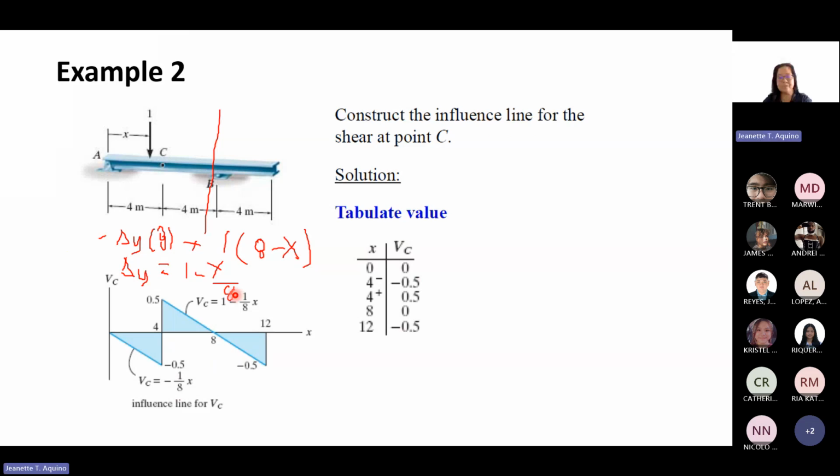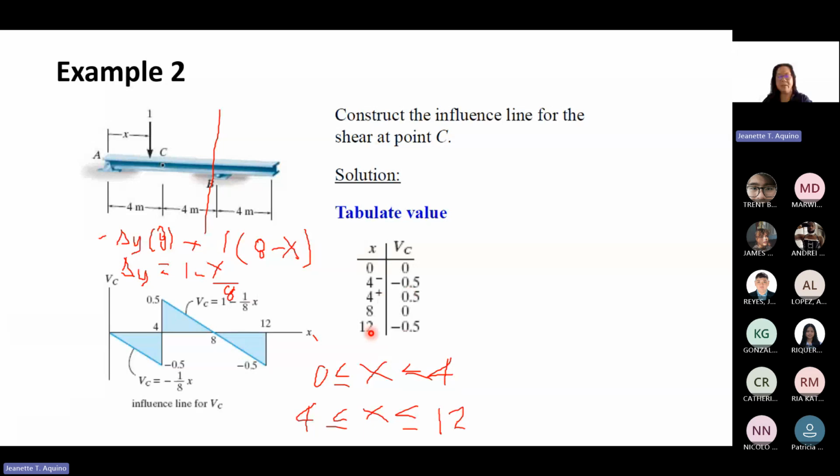So your point is on the right of point C, which is 4. Substitute 4 here, so it will be 1 minus 4 over 8. It will be 1/2, so 0.5 positive.